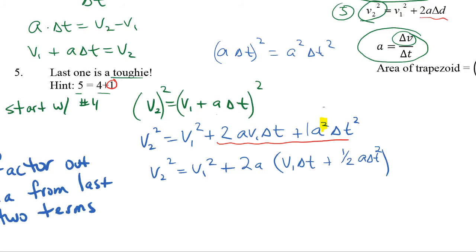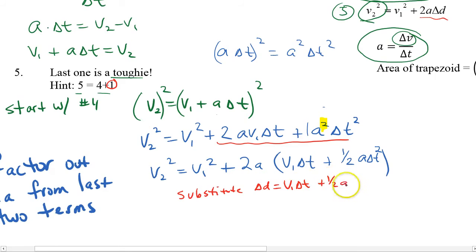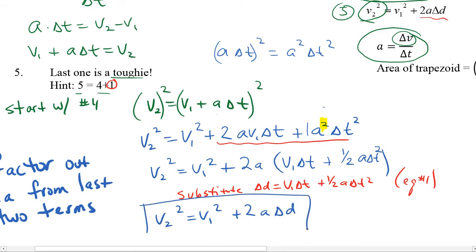I've been doing stuff in blue, but substitute: delta d is equal to v1 delta t plus 1/2 a delta t squared, because it's equation number 1. So our next line will be v2 squared is equal to v1 squared plus 2a, you got it, delta d. And we are all done.